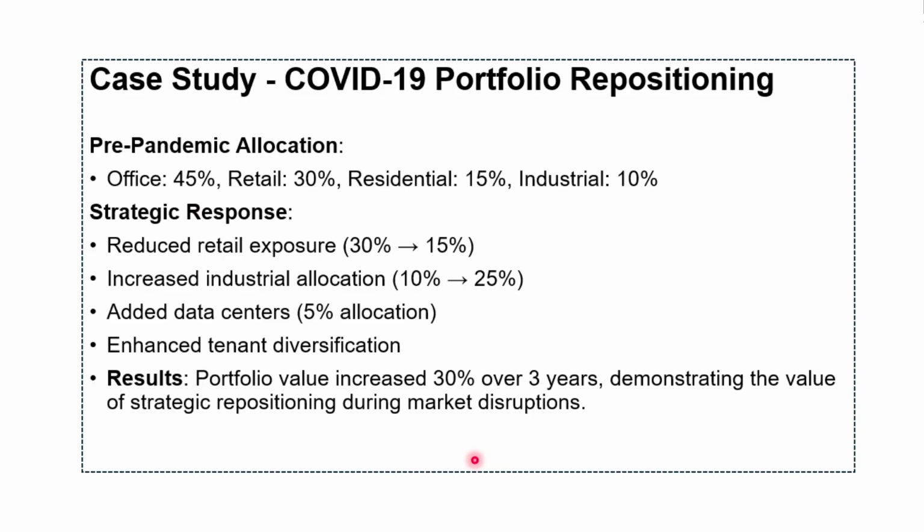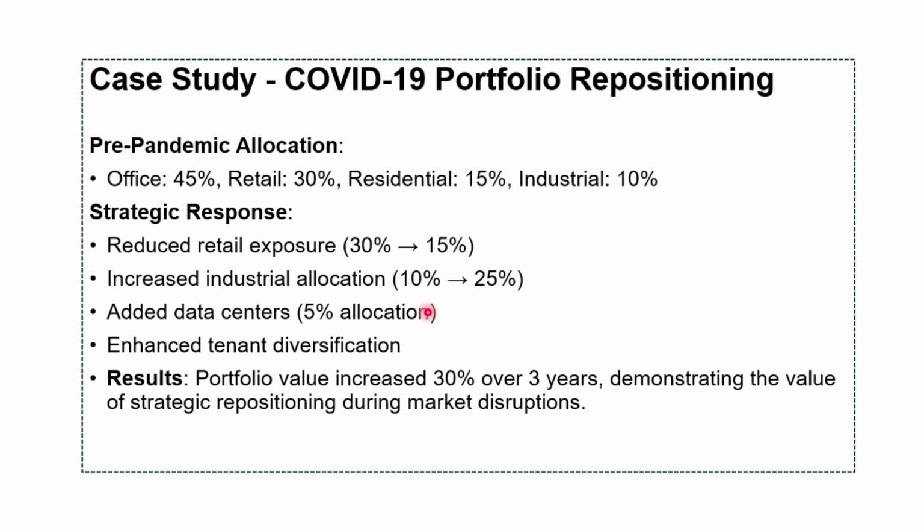The strategic response of the investor was that they reduced the retail exposure from 30% to 15%, increased industrial allocation from 10% to 25%, added data centers at 5% allocation which was not present earlier, and enhanced tenant diversification. The result is that portfolio value increased 30% over 3 years, demonstrating the value of strategic repositioning during market disruption.